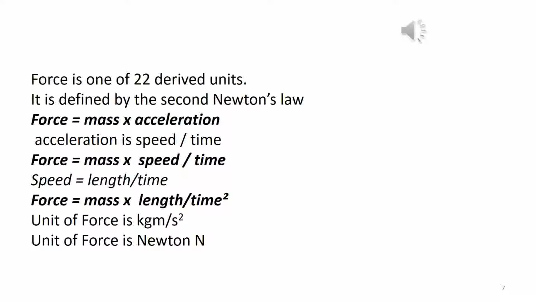Therefore, force is mass by speed divided time. Speed is length divided time. Therefore, force is mass by length divided time on the power of 2. And therefore, unit of force is kilogram by meter divided second on the power of 2. Unit of force is called Newton N.